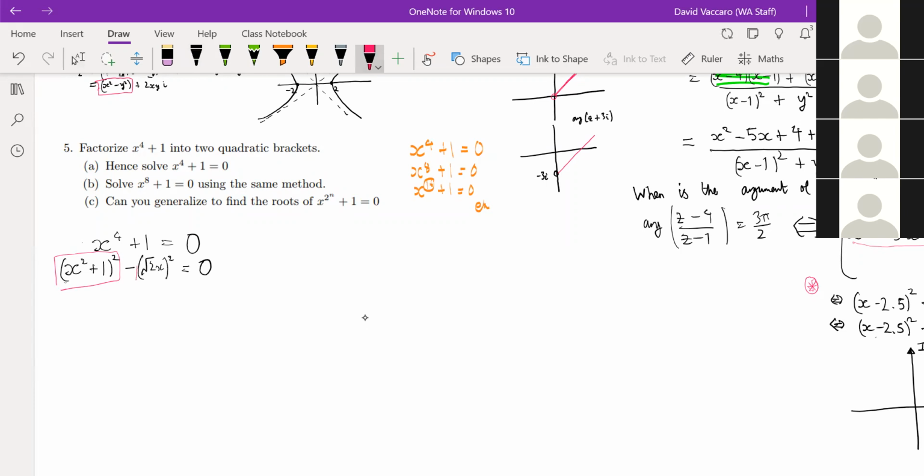So what we have here is the difference between two squares. So we can factorize as x squared plus root 2 x plus 1 and x squared minus root 2 x plus 1.